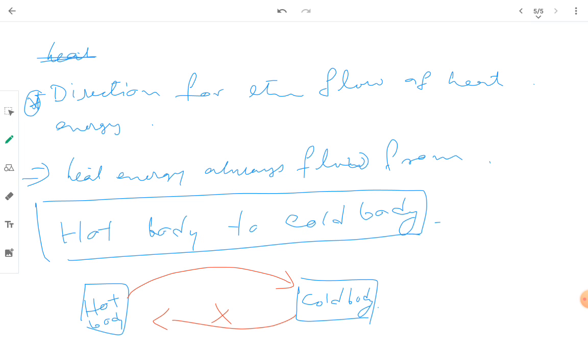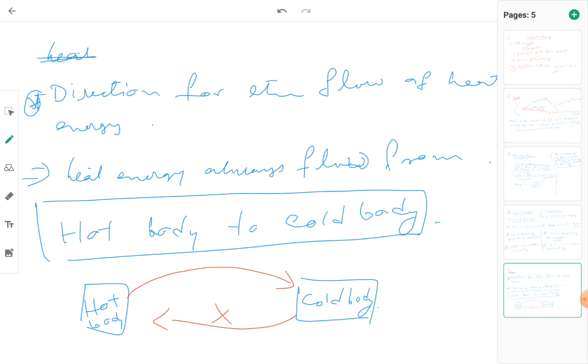Now we will be discussing some of the relations between joules and calories, and another unit of heat energy.